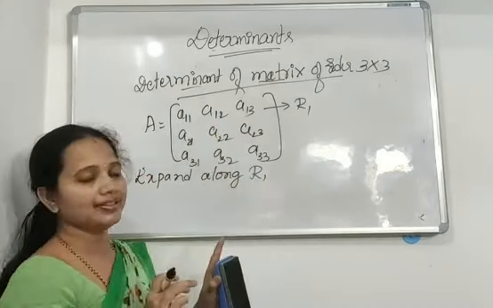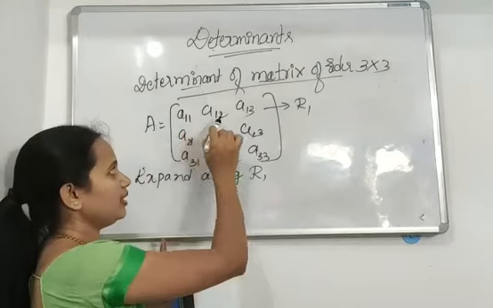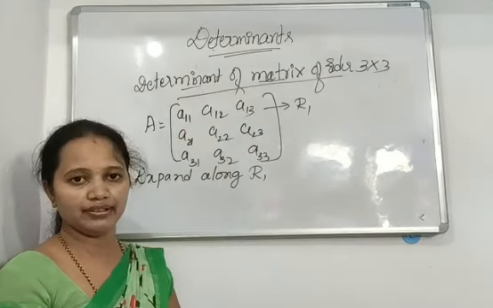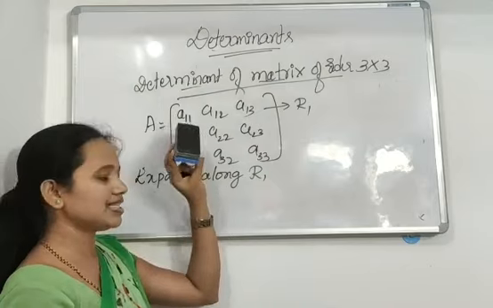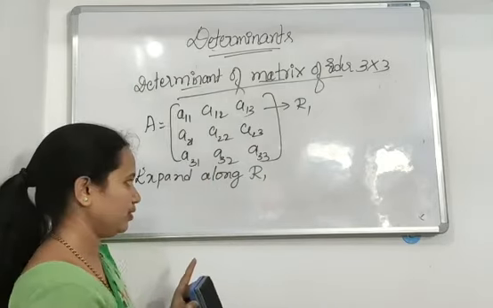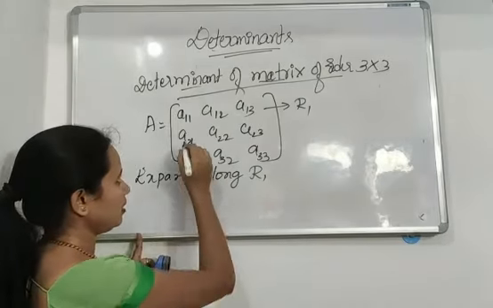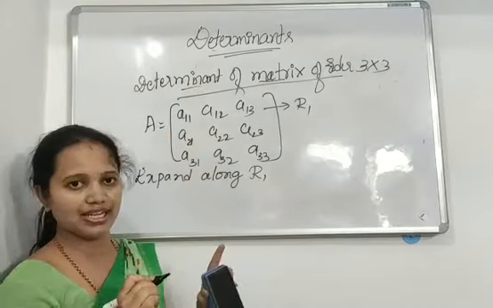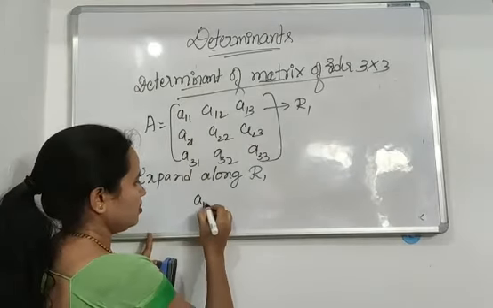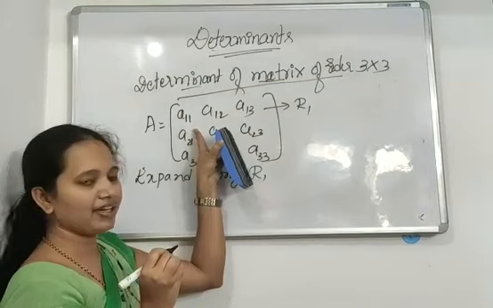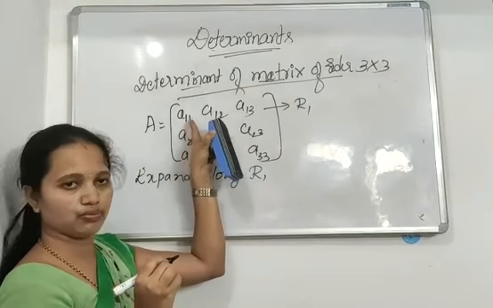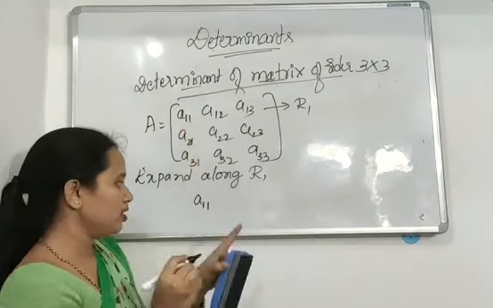In the R1 row, 3 elements are there: A11, A12, A13, and the first element is A11. So in the first step you will consider the first element A11. In A11, I value is 1 and J value is 1.